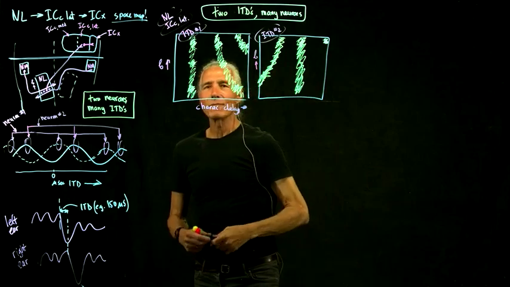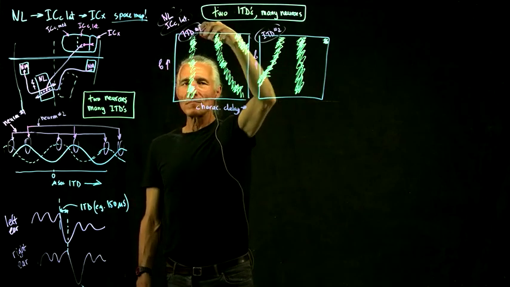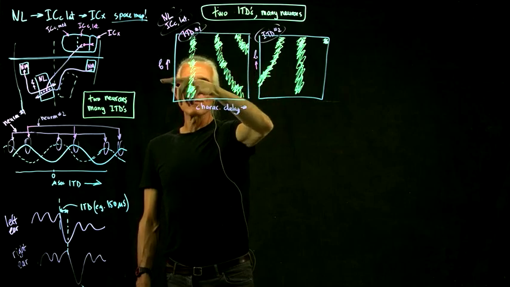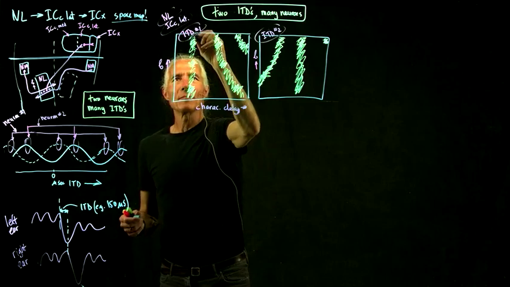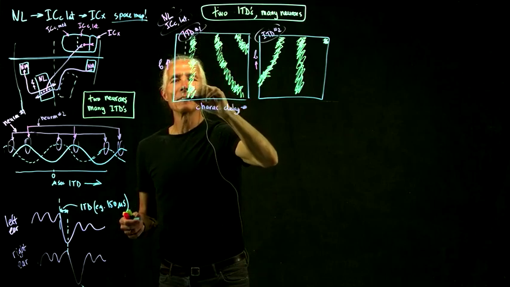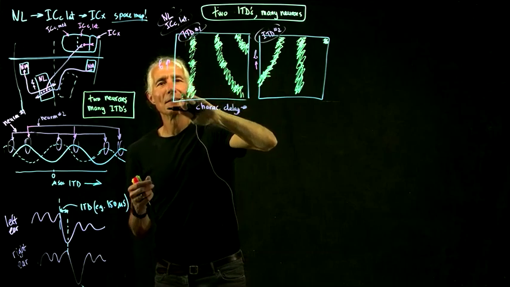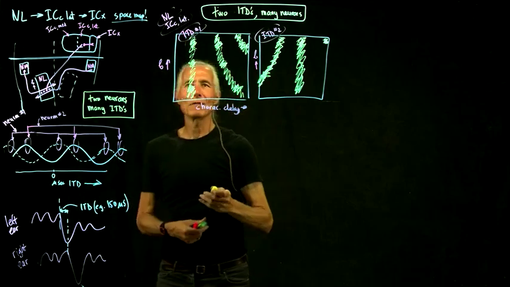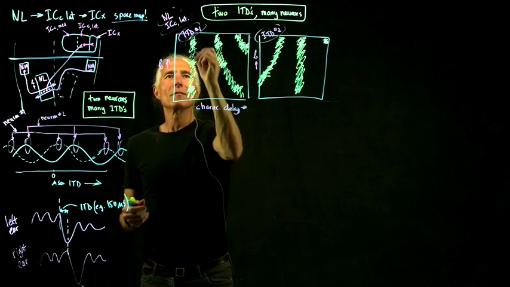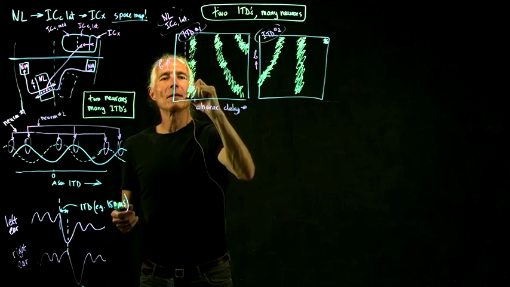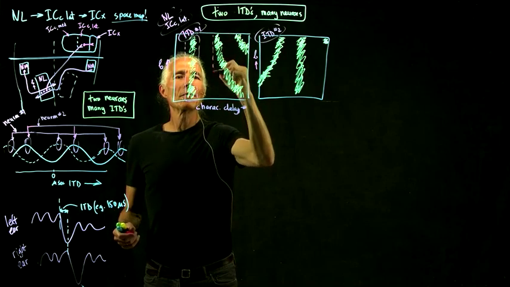Well, if we just sum across all the different frequencies, then you can see if we sum across this column, we're going to get a big sum. If we sum across this column, we'll get a smaller sum.